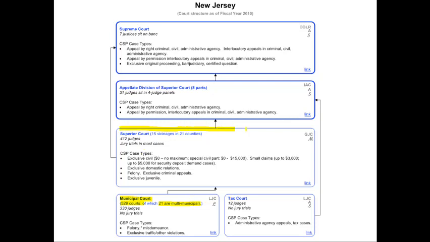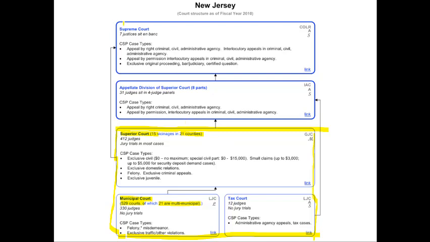And then this bottom layer here that's got the lighter shade of border, this is your original jurisdiction section. People can literally appeal from municipal court up to superior court, but generally this is your original jurisdiction down here. This is called the superior court. Again, 21 counties, 15 courts in 21 counties.